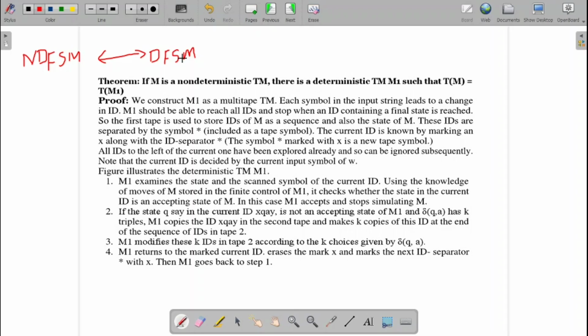The current instantaneous description is known by marking the star with an X. The symbol star is marked with an X as a new tape symbol. All the instantaneous descriptions to the left of the current one have been explored already and so can be ignored subsequently. Here the current instantaneous description is decided by the current input symbol of W.